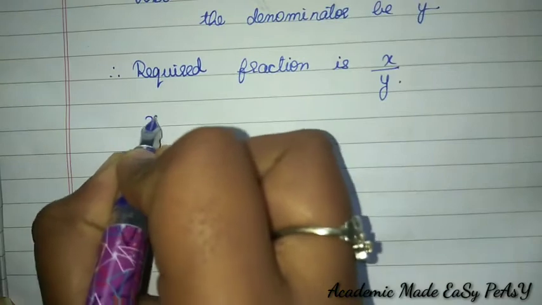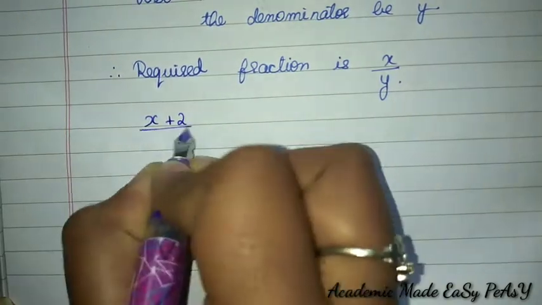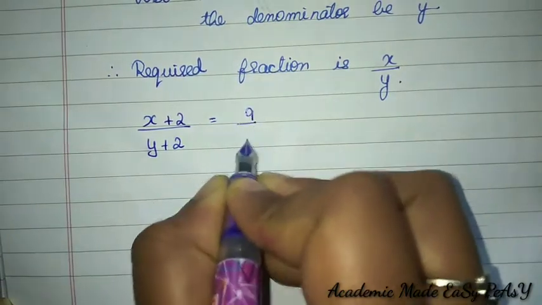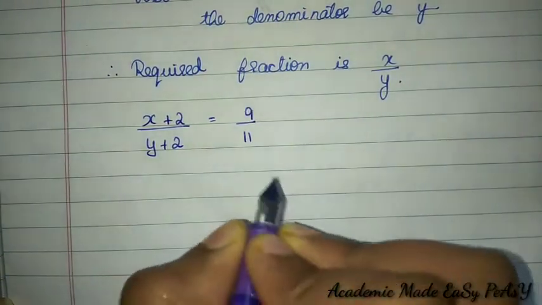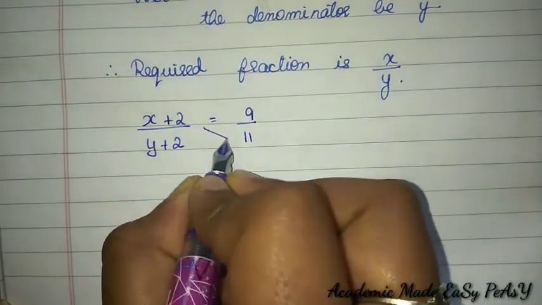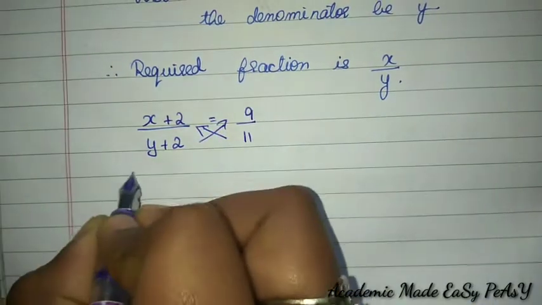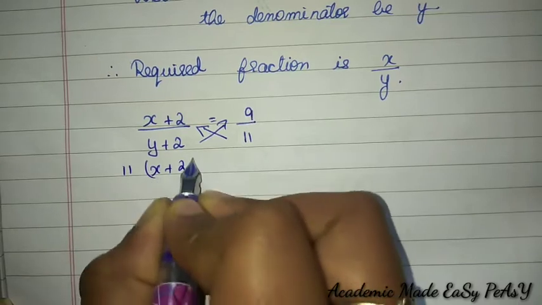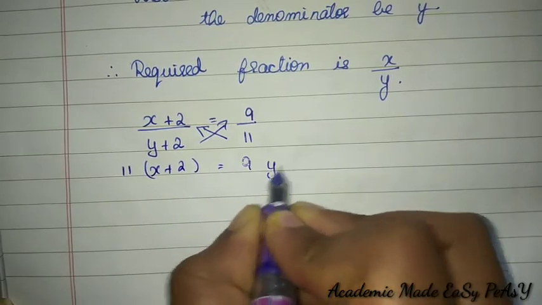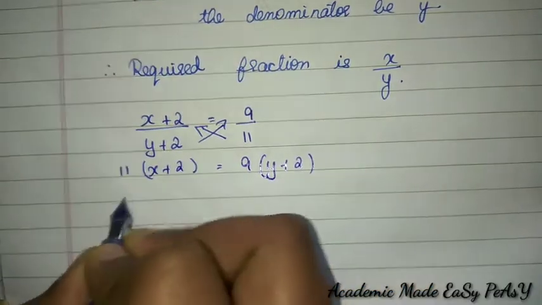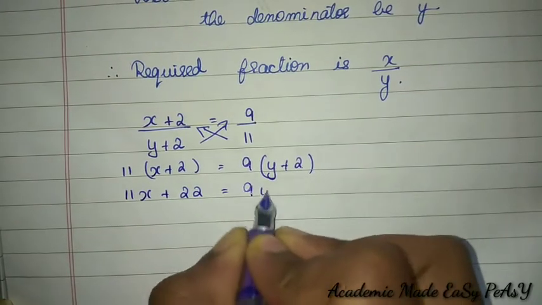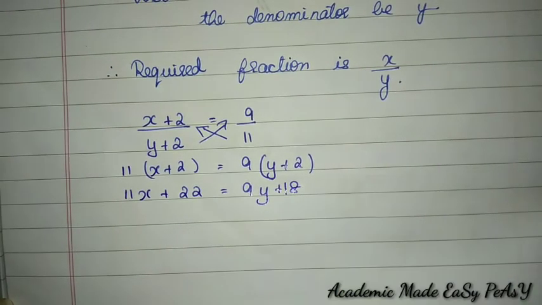So if we add plus 2 to the numerator and plus 2 to the denominator, we get 9 by 11. So now we have to cross multiply this. So 11 into x plus 2 is equal to 9 into y plus 2. So 11x plus 22 is equal to 9y plus 18.